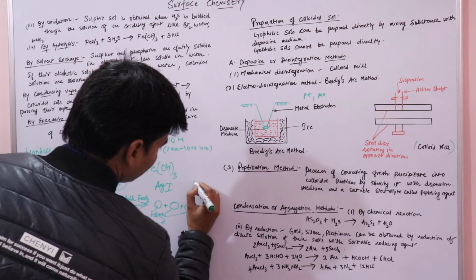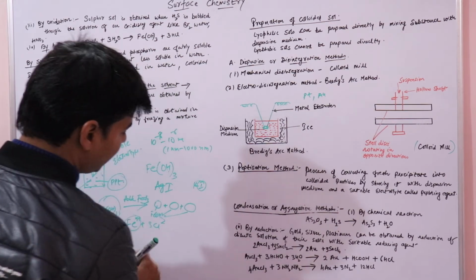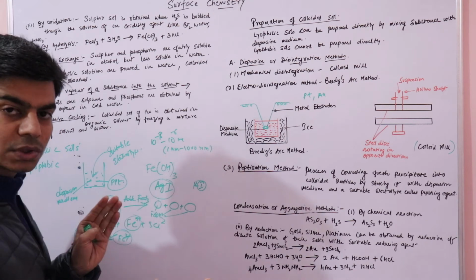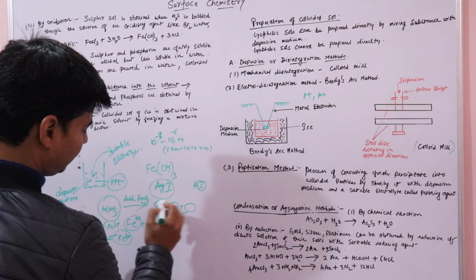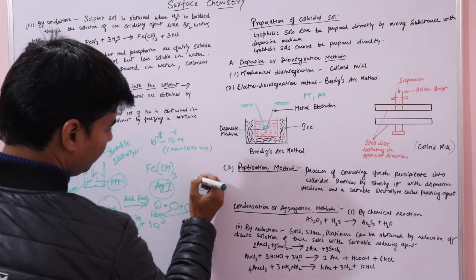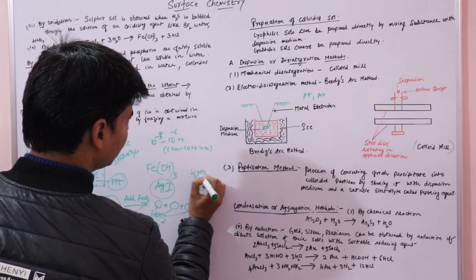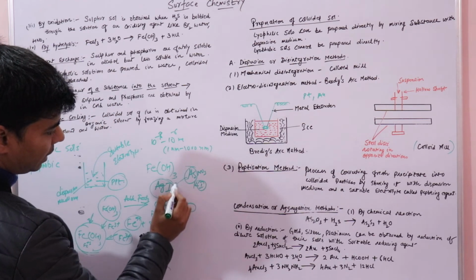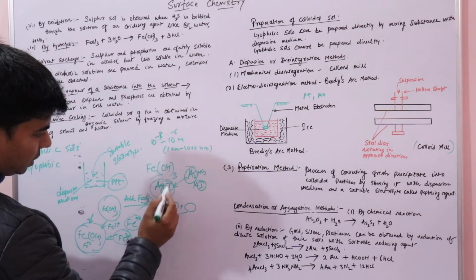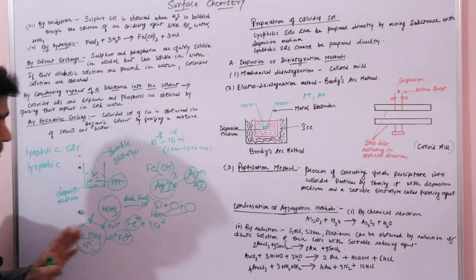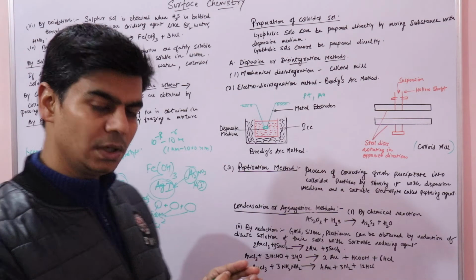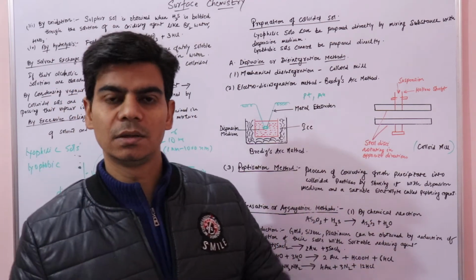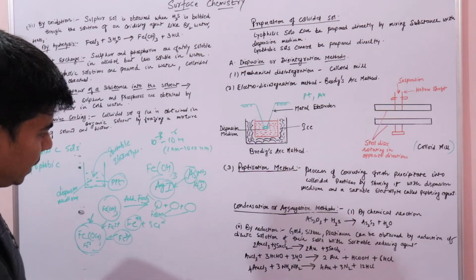Potassium iodide contains this iodide ion, so it will adsorb the iodide ion, and that will result in electrostatic repulsion and will break this precipitate into smaller ones. Or if you take silver nitrate, it contains this common ion silver. If it adsorbs this silver ion, right, then this will result in electrostatic repulsion in this silver iodide, which will result in disintegration of the precipitate into particles of colloidal range, right?